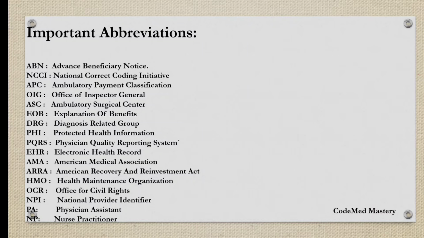So first is ABN, Advanced Beneficiary Notice, NCCI, National Correct Coding Initiative, APC, Ambulatory Payment Classification, OIG, Office of Inspector General, ASC, Ambulatory Surgical Center, EOB is Explanation of Benefits, DRG is Diagnosis Related Group, PHI is Protected Health Information, PQRS is Physician Quality Reporting System, EHR is Electronic Health Record, AMA is American Medical Association, ARRA, American Recovery and Reinvestment Act, HMO is Health Maintenance Organization, OCR is Office for Civil Rights, NPI is National Provider Identifier, PA is Physician Assistant and NP is Nurse Practitioner. Take a note of all these important abbreviations.